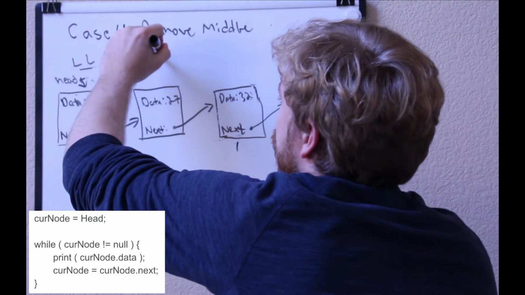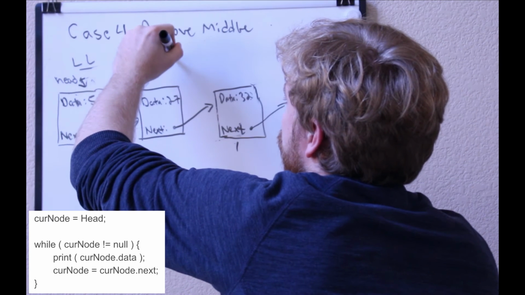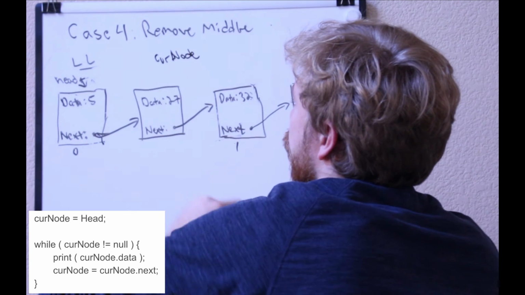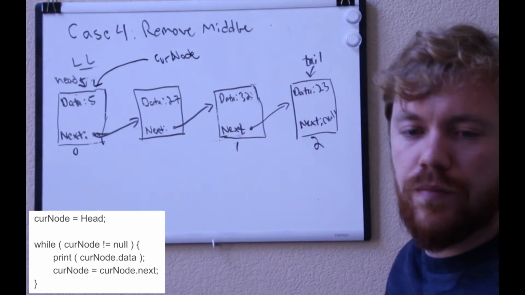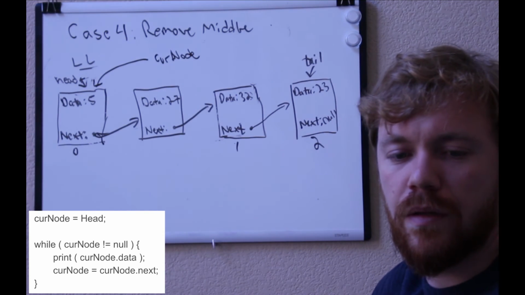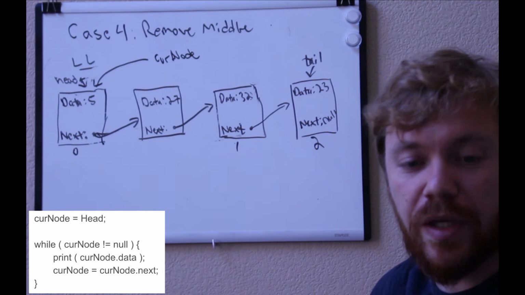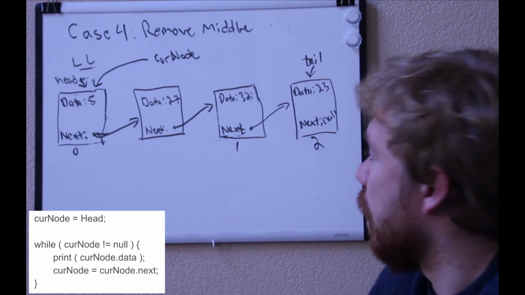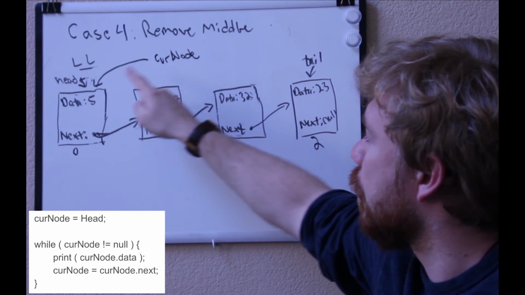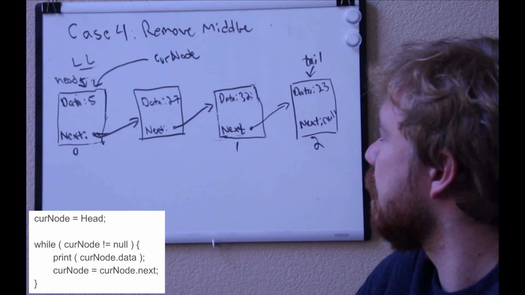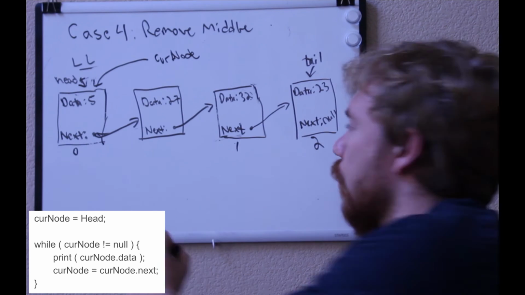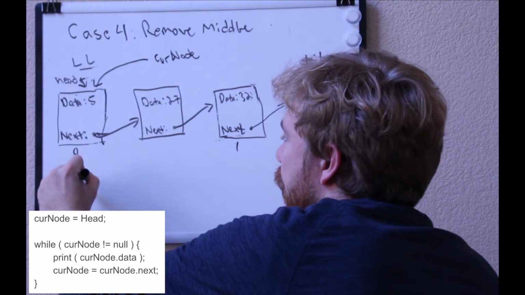So I'm going to set current node up here, and currently it references this node. So we enter the while loop: current node is not null, it references the head node. We're going to print its data, so we put the data down here, 5.